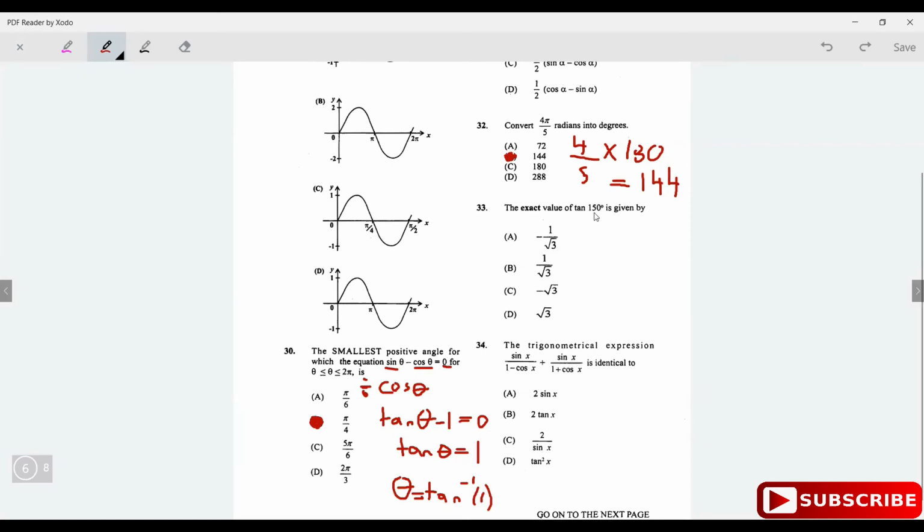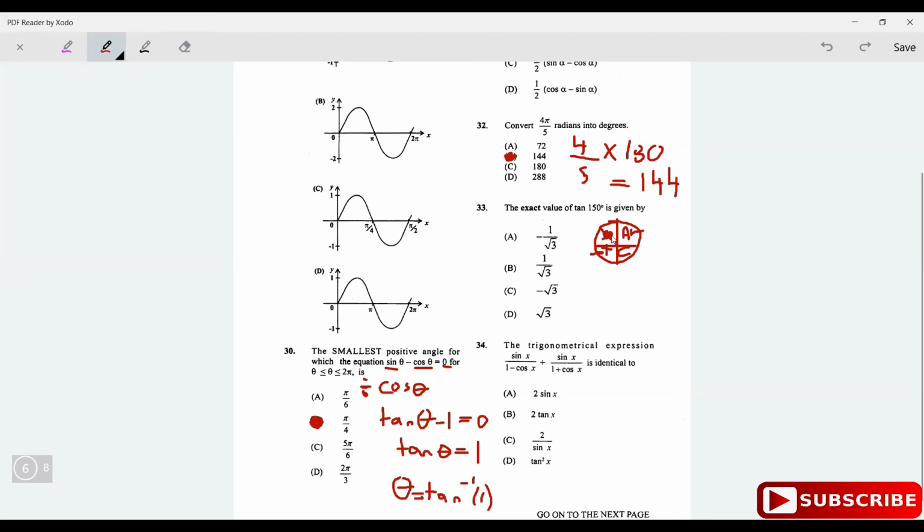But remember, there's what's known as an equivalent angle. So I'm going to draw my circle right here. And remember, they taught us that all schools teach crap. Tan is positive here, and tan is positive here. 150 degrees is going to be in the second quadrant. 150 is somewhere here.